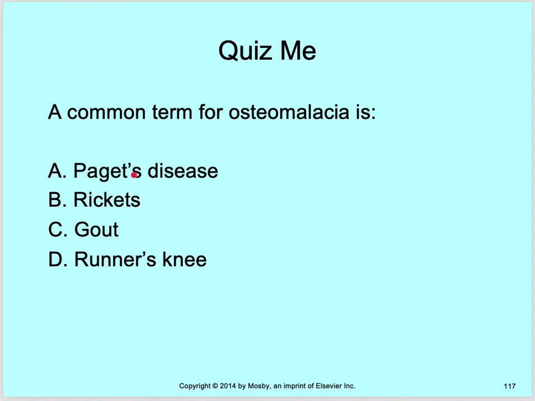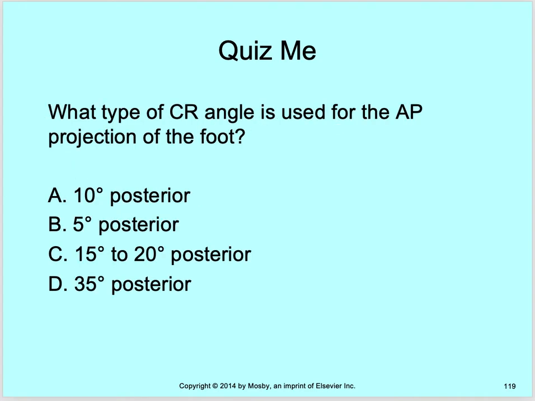A common term for osteomalacia is rickets. I went a little too quick there. So, osteomalacia, rickets. The next one, what type of CR angle is used for the AP projection of the foot?